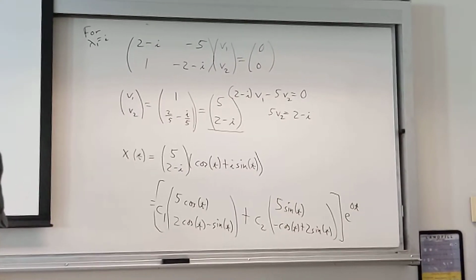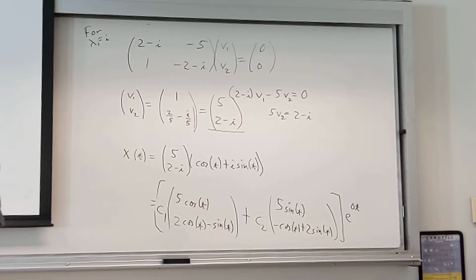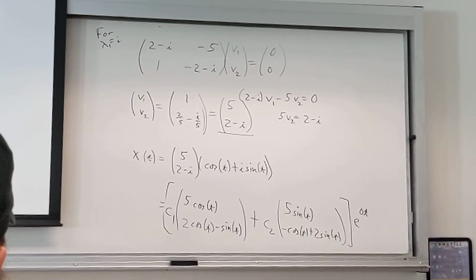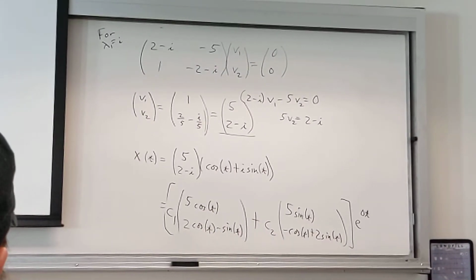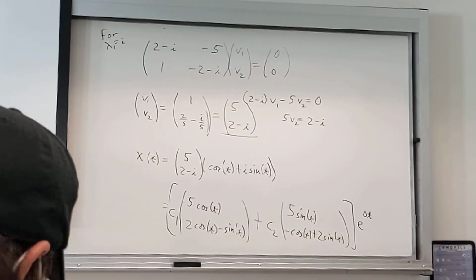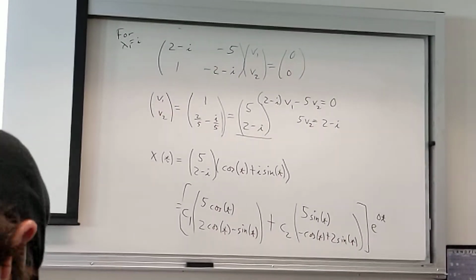And one thing you can actually do is, if you take this real part and this one, and take the right linear combination, you'll get the combination that I have there. Okay, so as you can see, you're not necessarily going to get identically the same thing each time, because it really depends on what eigenvector you choose.